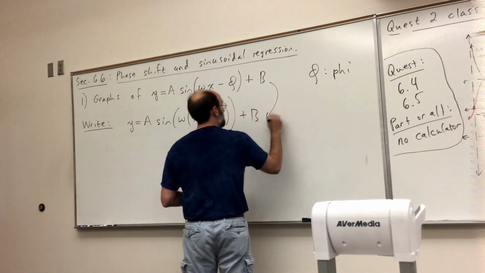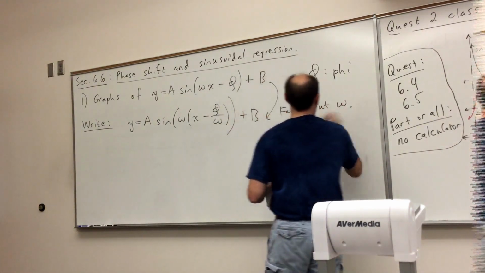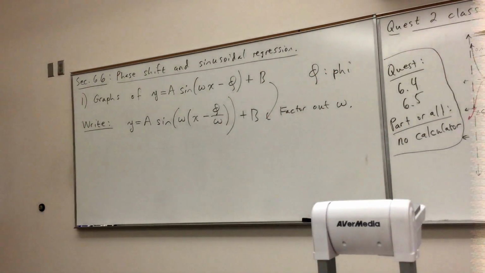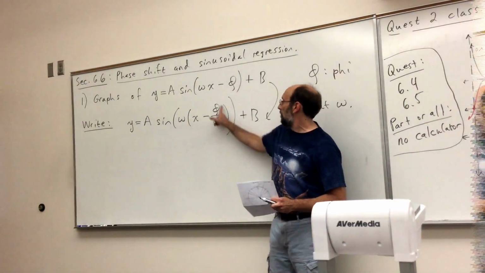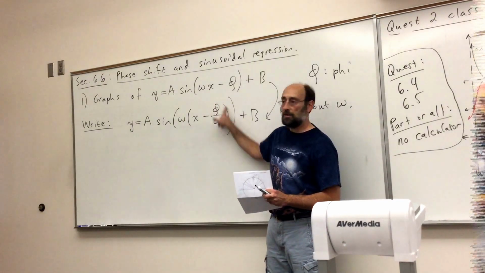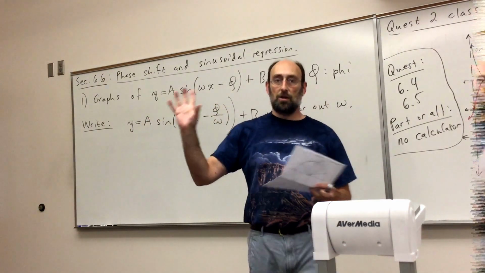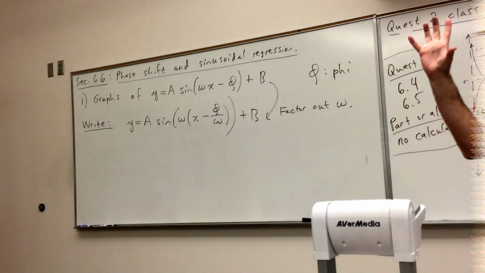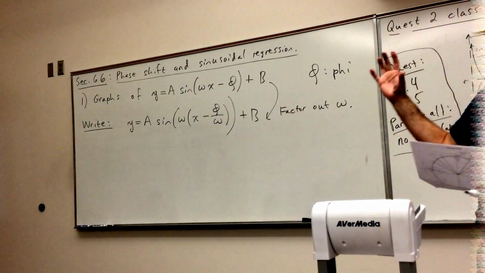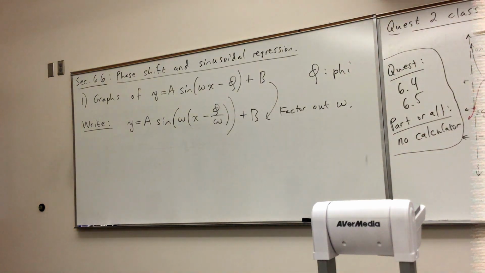So all I did was factor out omega to get to there. So once it's written in this form, we have our horizontal shift shown here as this term phi over omega, okay? So if that's positive, we're going to have a rightward shift by that amount if it's x minus phi over omega, or a leftward shift by that amount if it's x plus phi over omega.